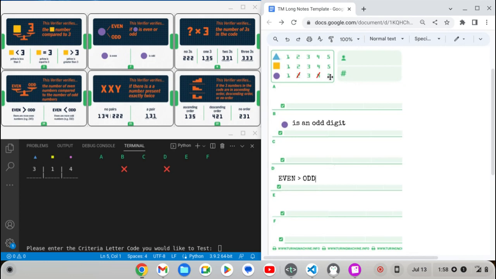So that means that, yes, we do have two evens, and they are actually triangle and square. So that means that I can actually cross out all of the odds in triangle and square, since we do indeed have two evens. Well, that really worked out well.